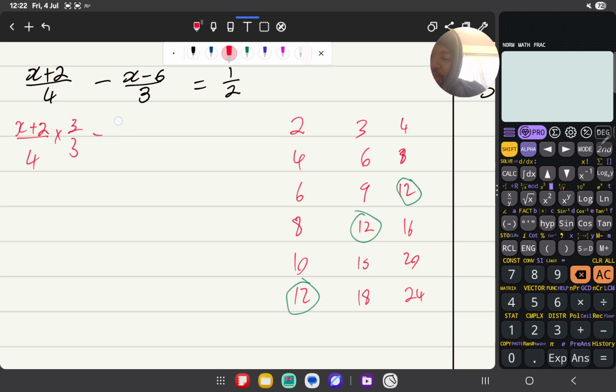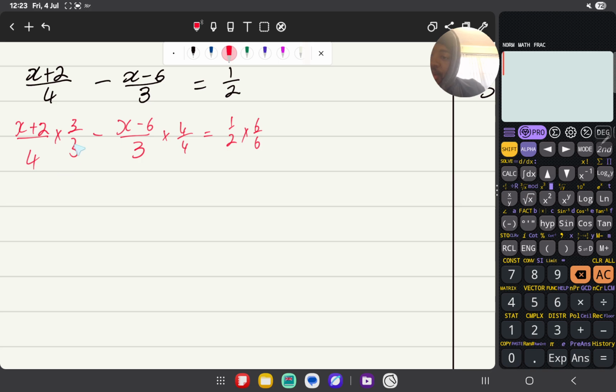Then you say minus x over 3; for 3, 1, 2, 3, 4, you multiply by 4 over 4. Equals 1 over 2; you multiply by 6, 1, 2, 3, 4, 5, 6, so you multiply by 6 over 6.